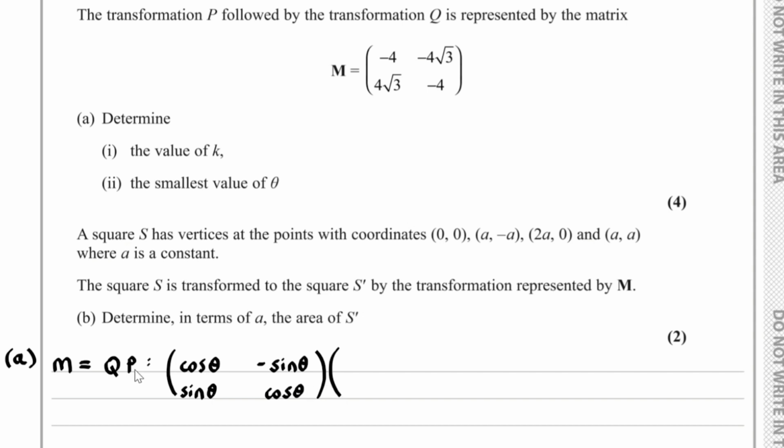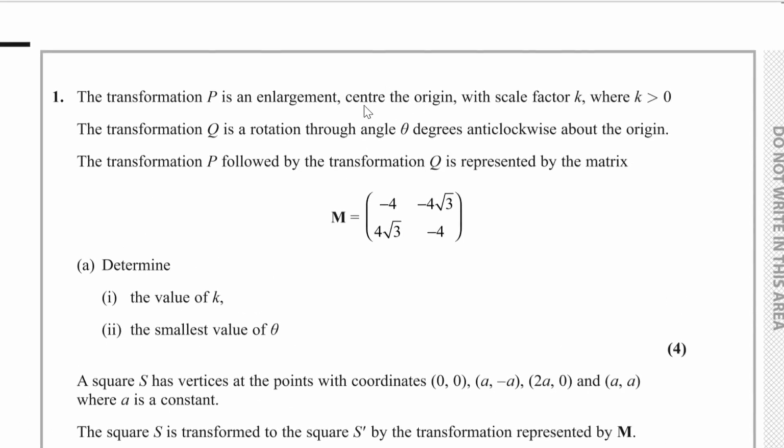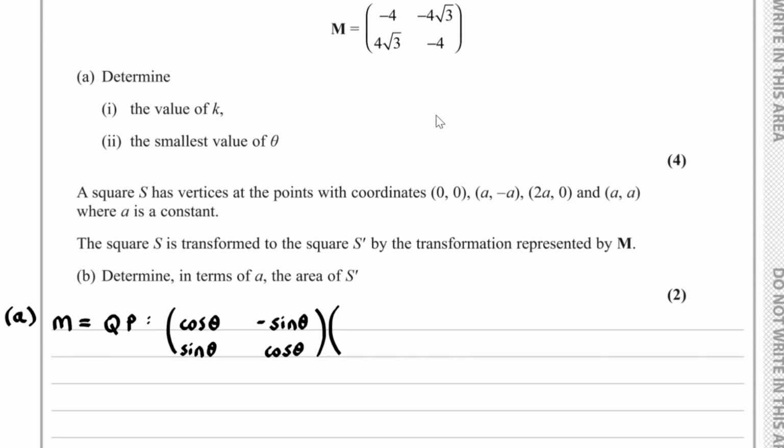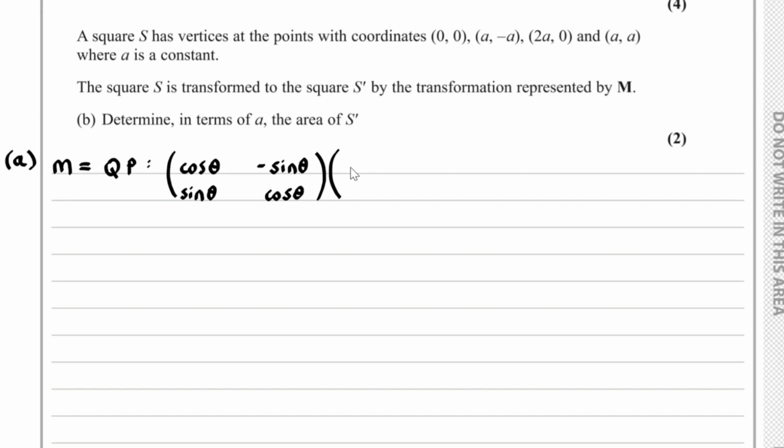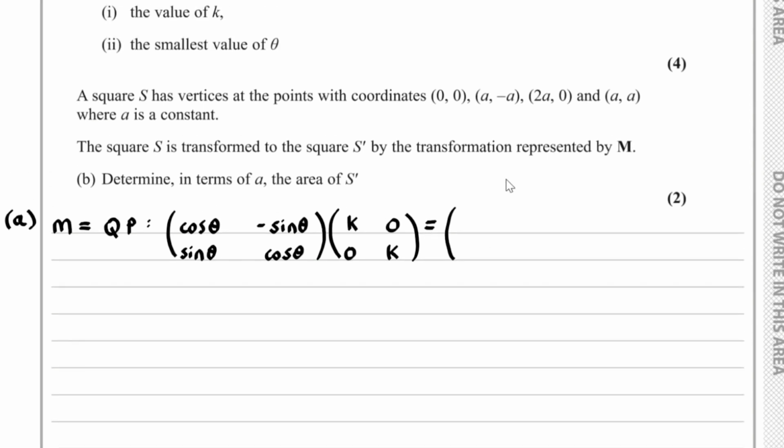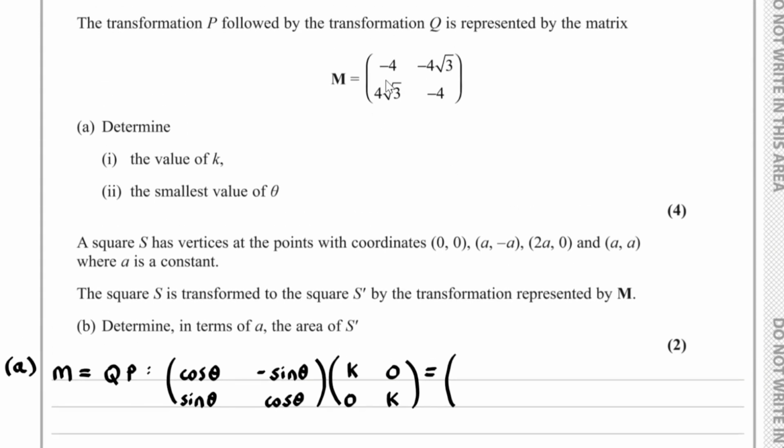The matrix P, if we enlarge by scale factor k with the center at the origin, that matrix will be k, 0, 0, k. And the result of all this is equal to M, and we know what M is.